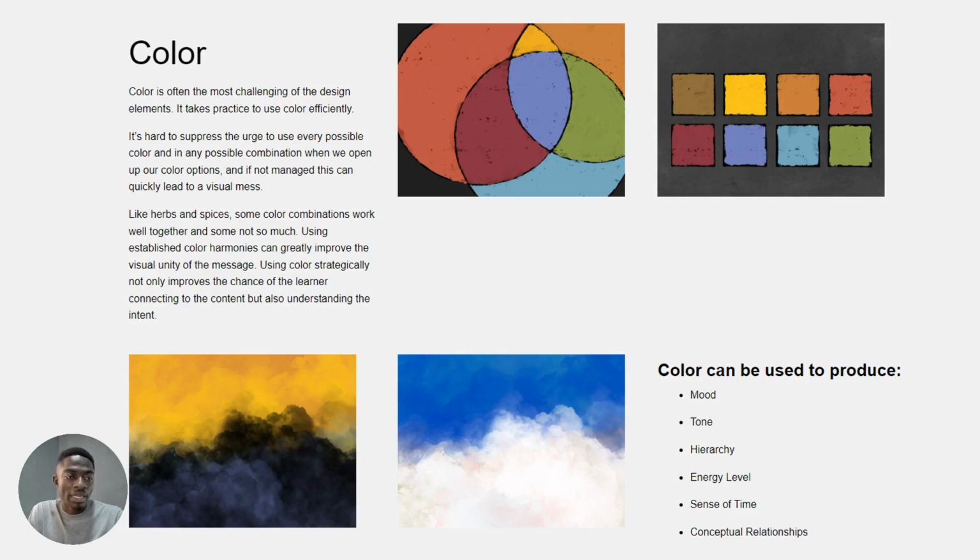Now, like herbs and spices, some color combinations work well together and some not as much. Mainly the reason why color combination is very difficult is because of how to blend them together well. You can take inspiration from a lot of items. You can take inspiration from color from nature itself.